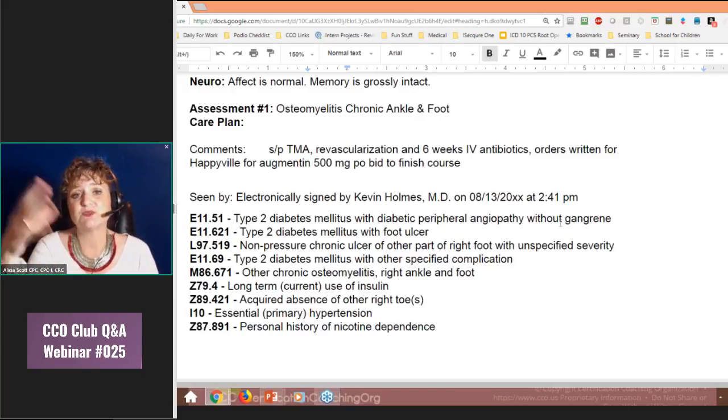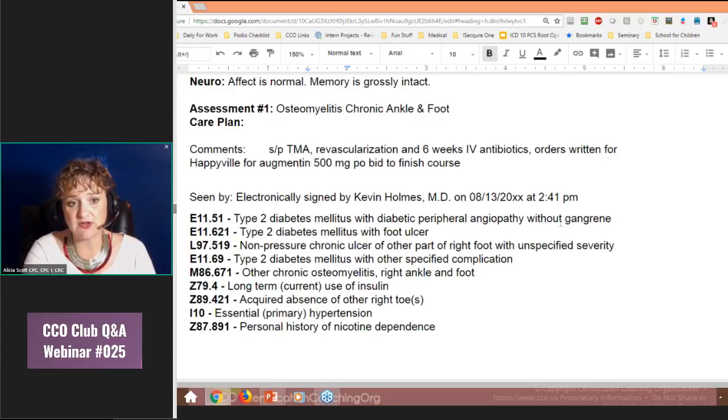You could have somebody that has 3 or 4 diabetic codes, E11 codes. Now we've got a non-pressure chronic ulcer of other part of right foot with unspecified severity. Now you're saying, why do we get to code this L code, this ulcer, when we've already coded the patient as diabetic and has a foot ulcer?